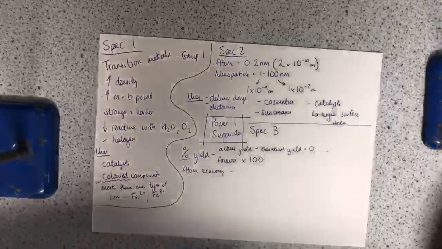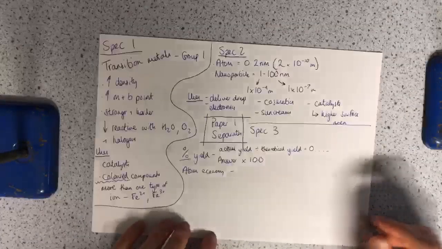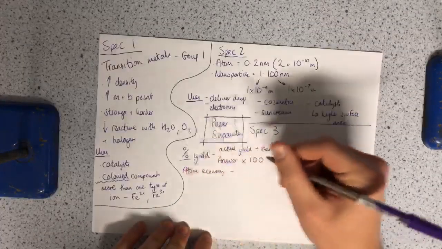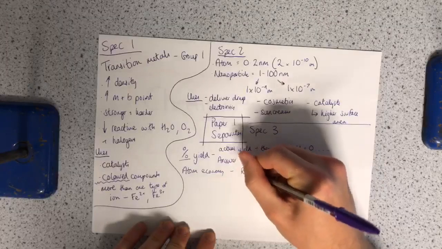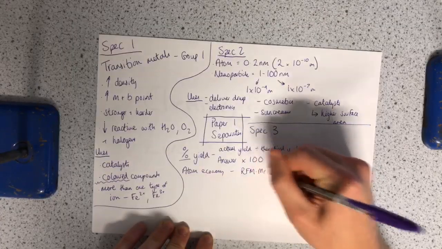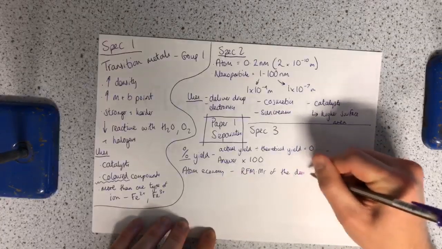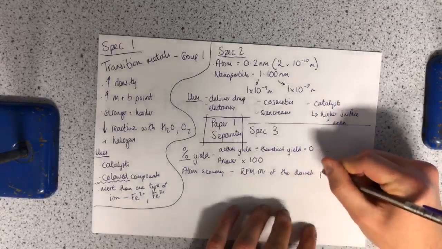Now there is an equation for that. So what you would do is firstly work out the relative formula mass, so I'll put Mr, of the desired product.